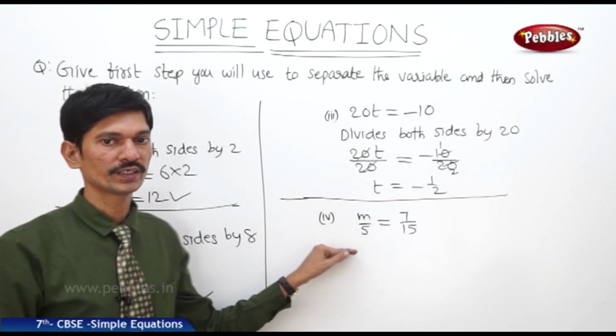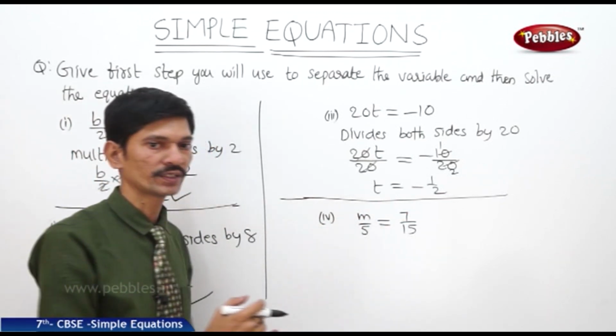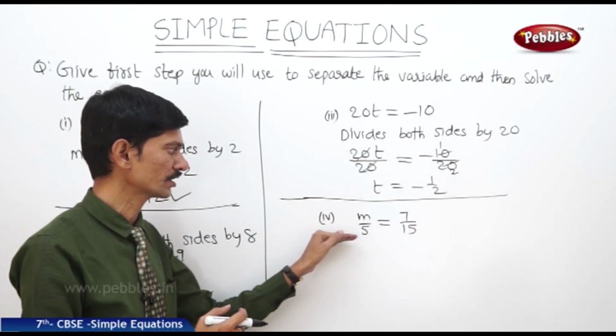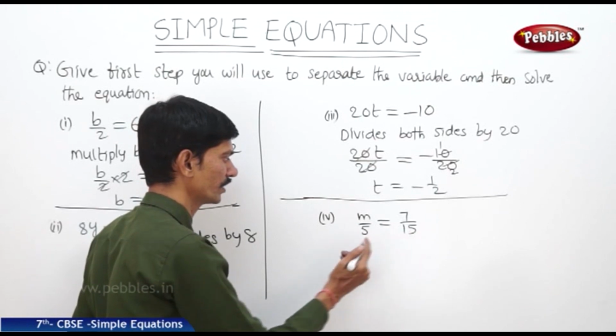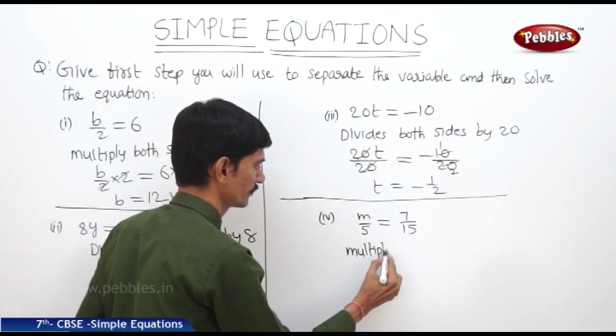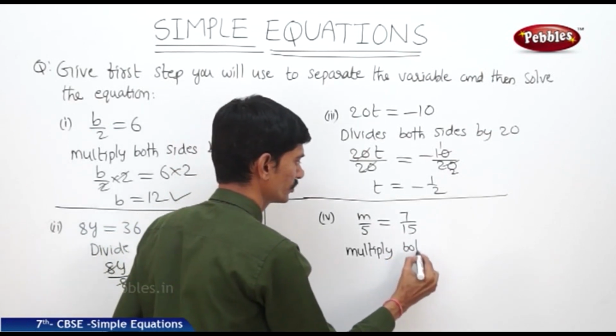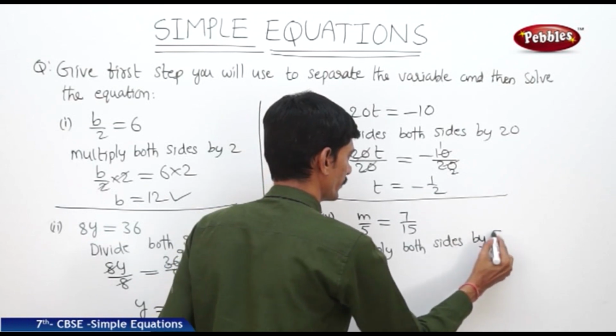Next, m by 5 equals to 7 by 15. To cancel by 5, we must do the operation multiplication by 5 on both sides. So when you multiply on both sides by 5, now multiply both sides by 5.